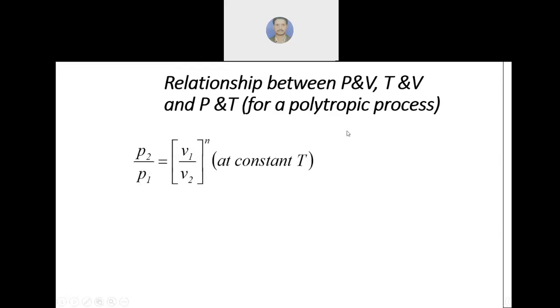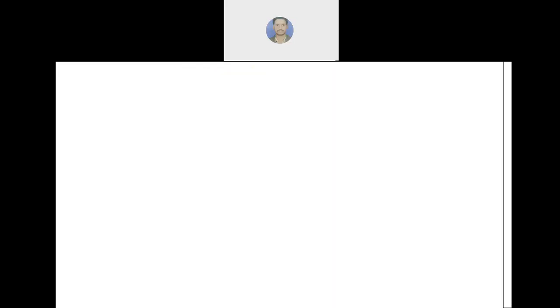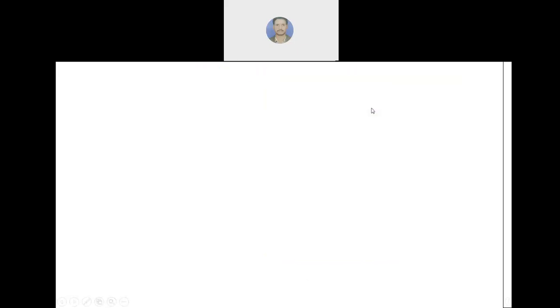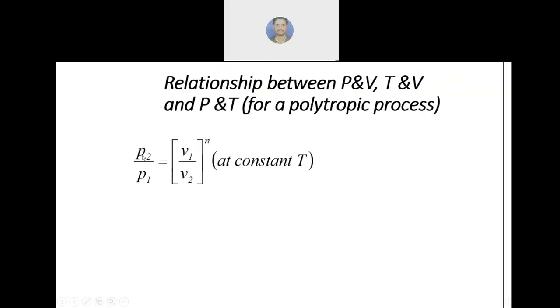This is the relationship. If you go here, you will find P into V power n equals constant, when temperature is constant. So when you simplify, you will get P2 by P1 equals V1 by V2 power n. Note down this formula, a very important formula. This is at constant temperature.